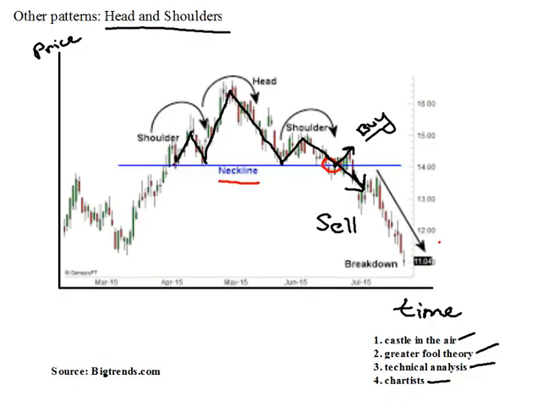Okay, so what I want to do in this video is continue talking about the different types of patterns that the castle in the air people would attempt to identify. Remember, I'm using the term castle in the air. Some people would call these guys the greater fool theorists. Some would say they're doing technical analysis. Sometimes these guys are called chartists.